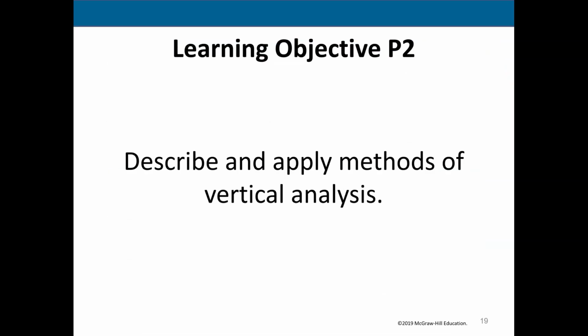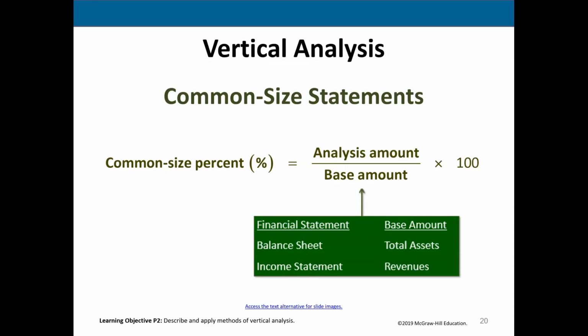Okay, now that we've looked at the horizontal analysis, we're going to look at the vertical analysis. This is very common when analyzing financial statements. In fact, most financial statements tend to already have a vertical analysis built into it, and what that is called is common size statements.